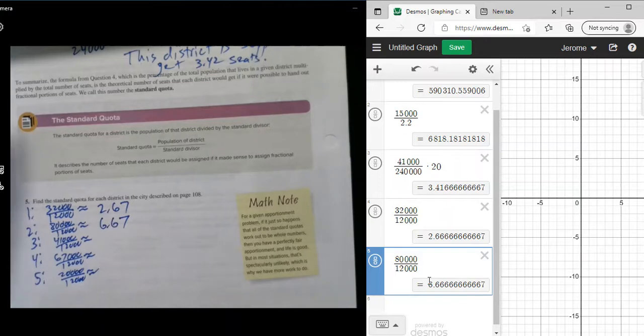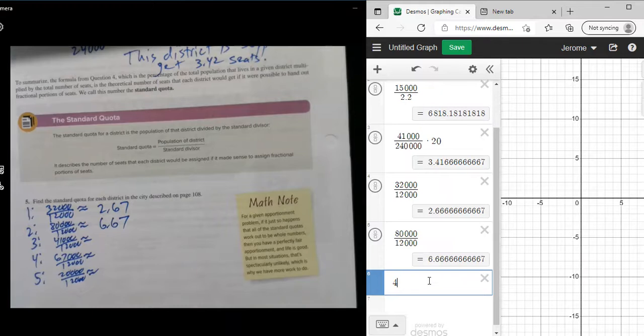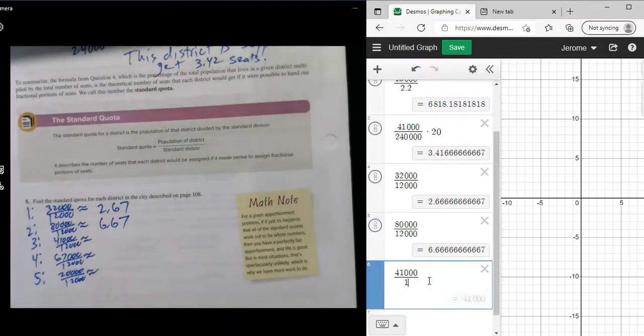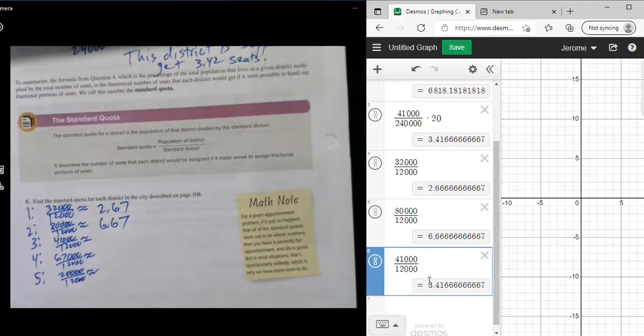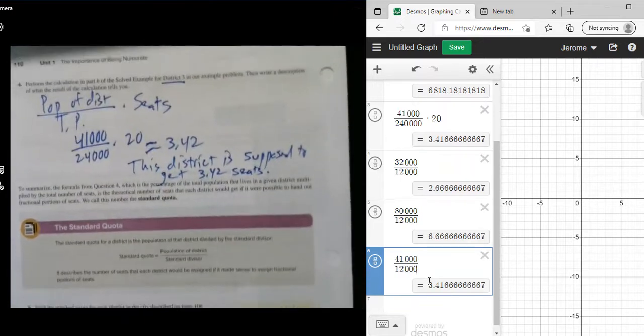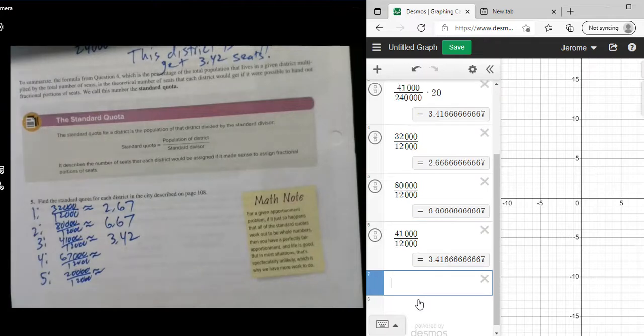And then we would have 41,000 divided by 12,000, which would be 3.42, which is basically what we got back in problem number 4. So we know we're doing the correct thing here. So now we have 67,000 divided by 12,000.